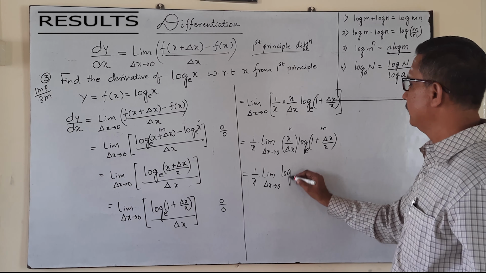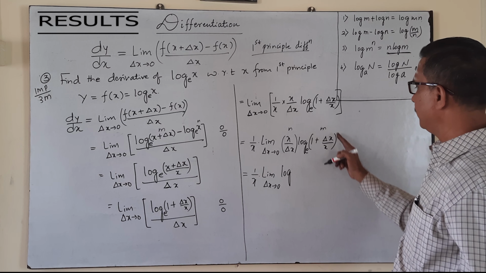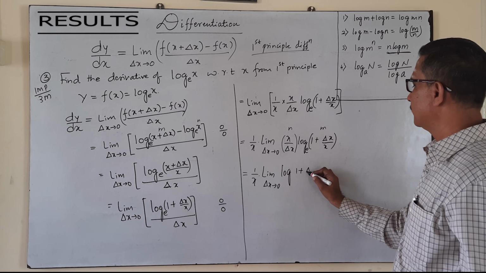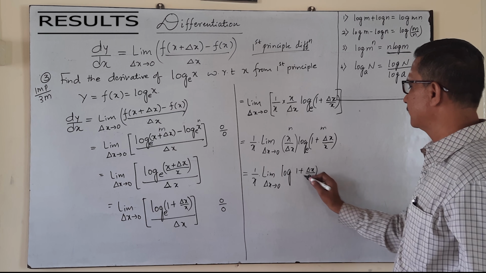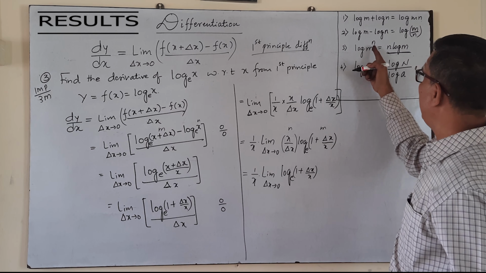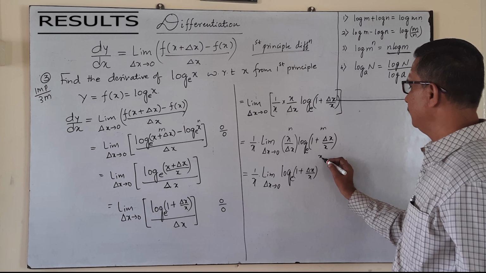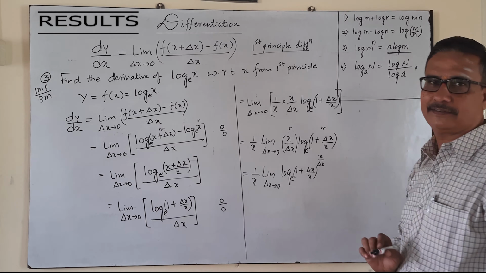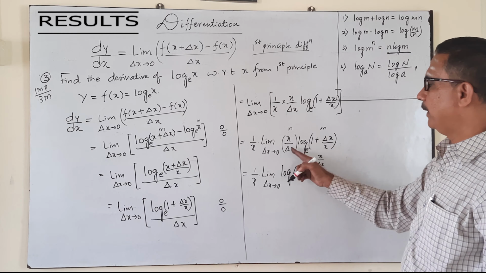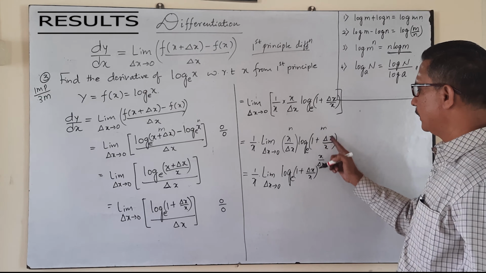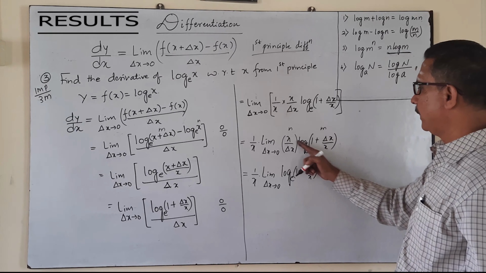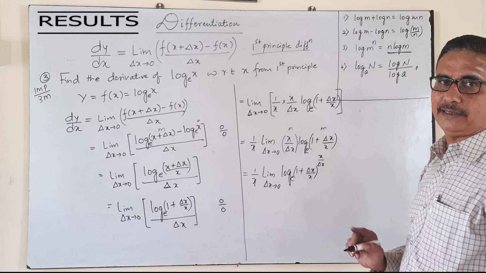Log of m power n. What is m? 1 plus delta x by x. m power n. What is the n value? x by delta x. By using laws of logarithm, n log m is equal to log m power n, where m is 1 plus delta x by x, whole power n, and n is x by delta x.